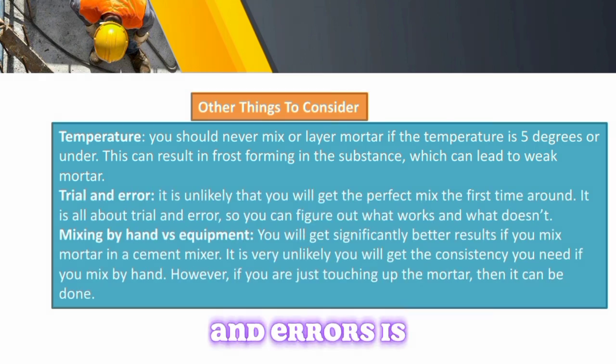Trial and error: it is unlikely that you will get the perfect mix the first time around. It is all about trial and error, so you can figure out what works and what doesn't.